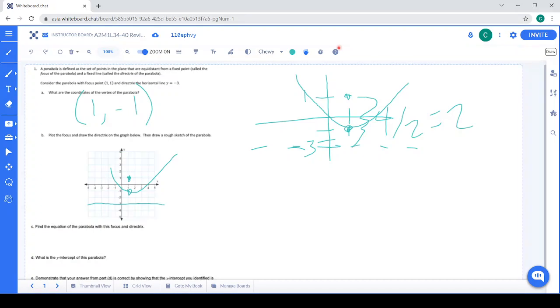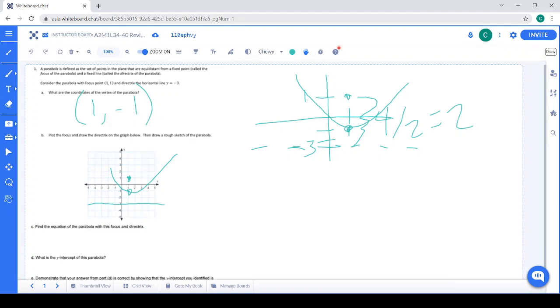Okay, find the equation of the parabola with the focus and the directrix. Okay, so we know that, no, I can't, because I don't actually know my y-intercept here.